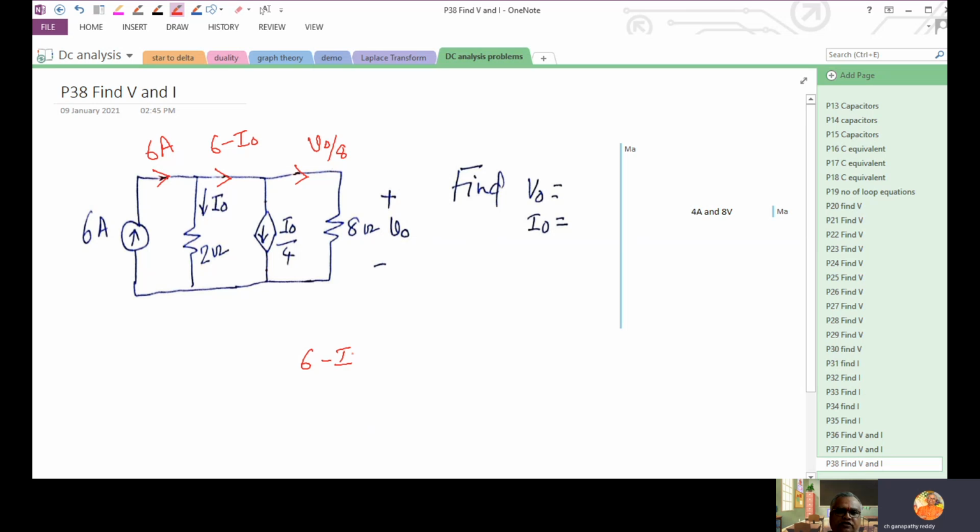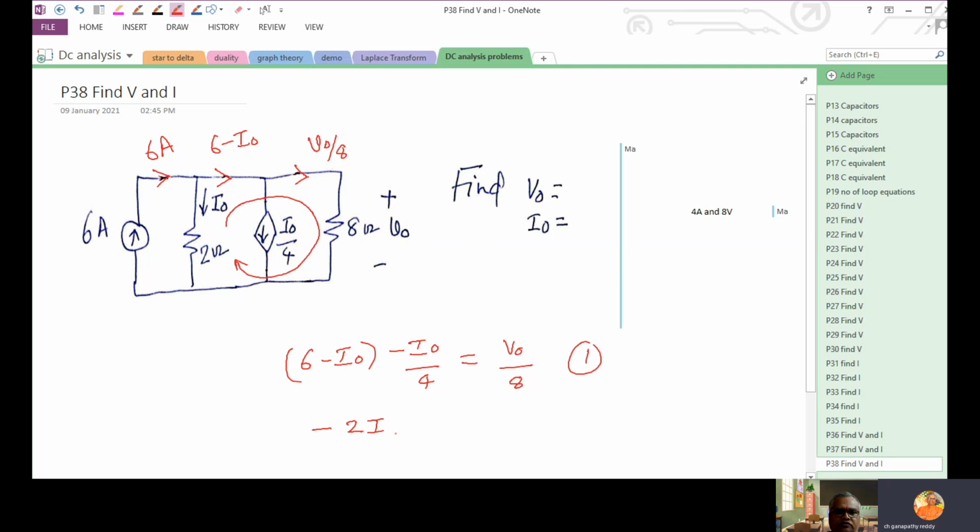Means 6 minus I0 is incoming. Minus I0 by 4 should be equal to V0 by 8. This current V0 by 8. So this one equation. What is another equation is this loop equation we can consider.